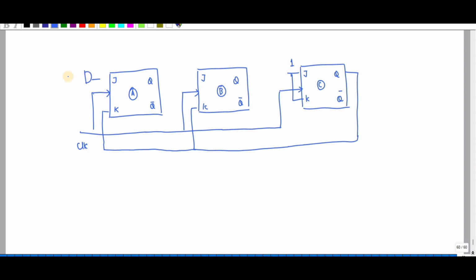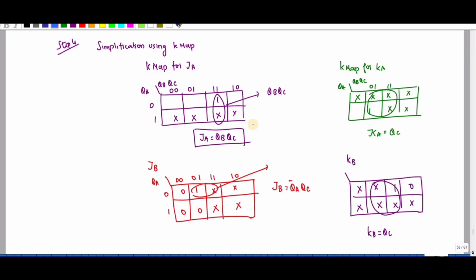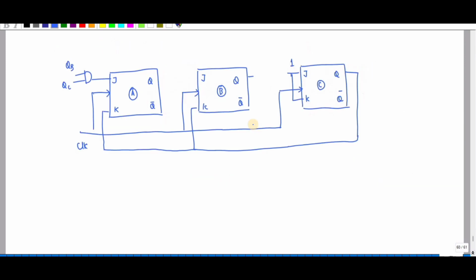J is equal to QB QC. So it has to be connected here, QB and QC. Okay, so likewise what is JB? JB is QA bar QC. Okay, this is QA bar and this is QC. This is your QC.